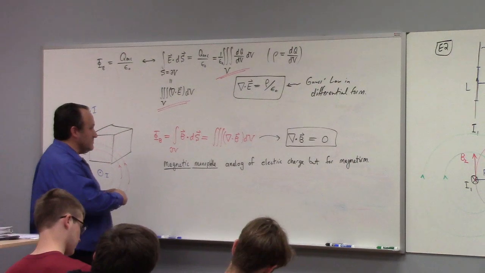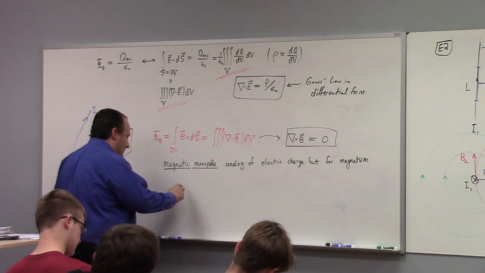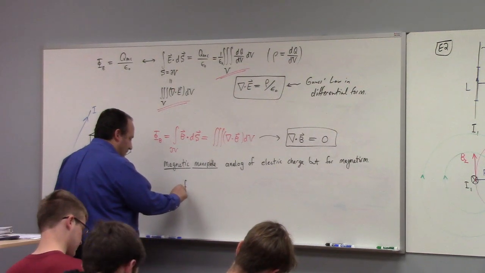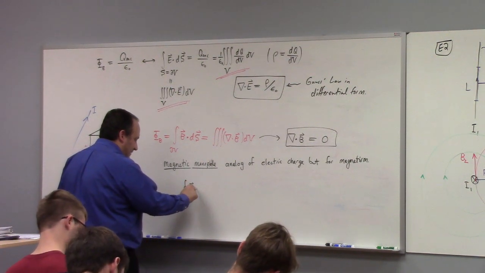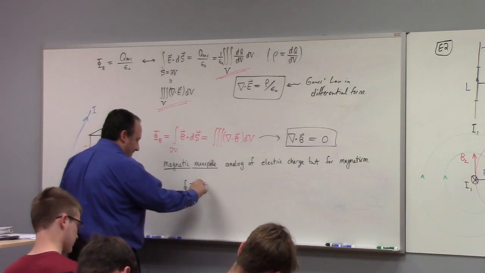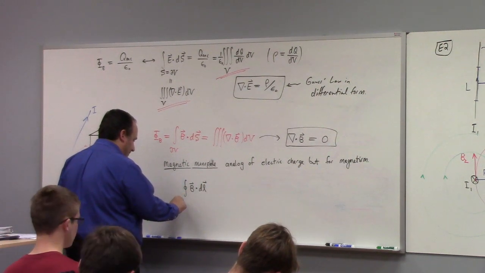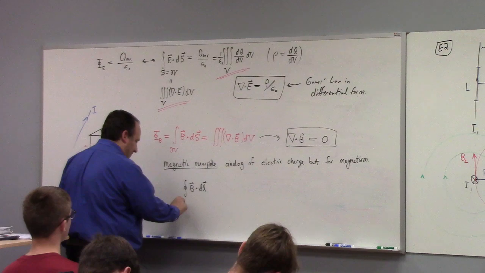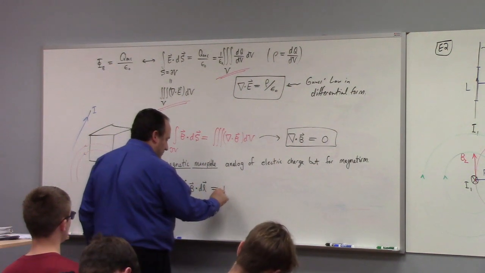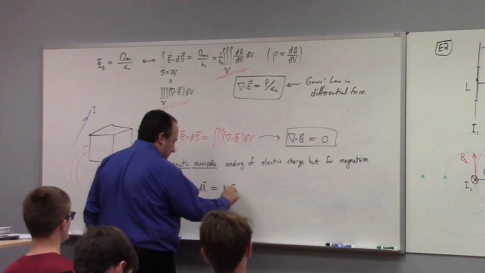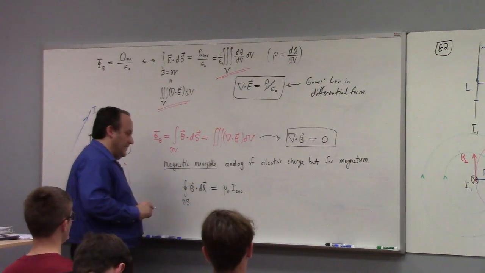Now, the other thing we have been doing recently is saying what? The integral of the magnetic field dot dl over some loop, let's call that loop the boundary of a surface, is equal to mu naught times I enclosed. All right?